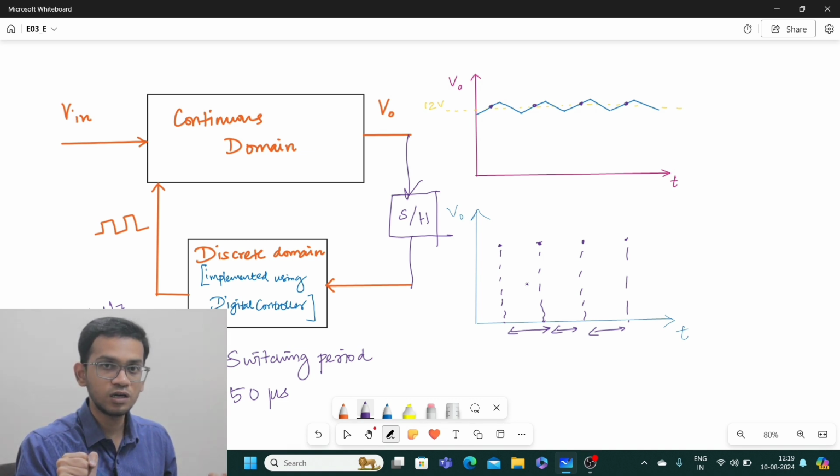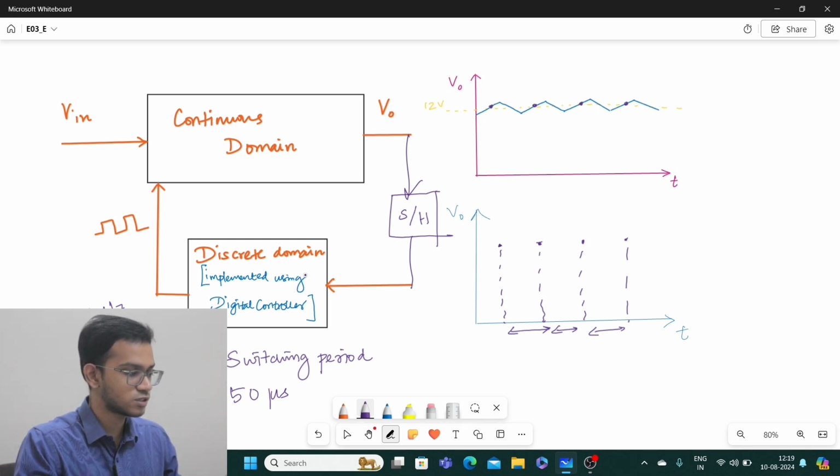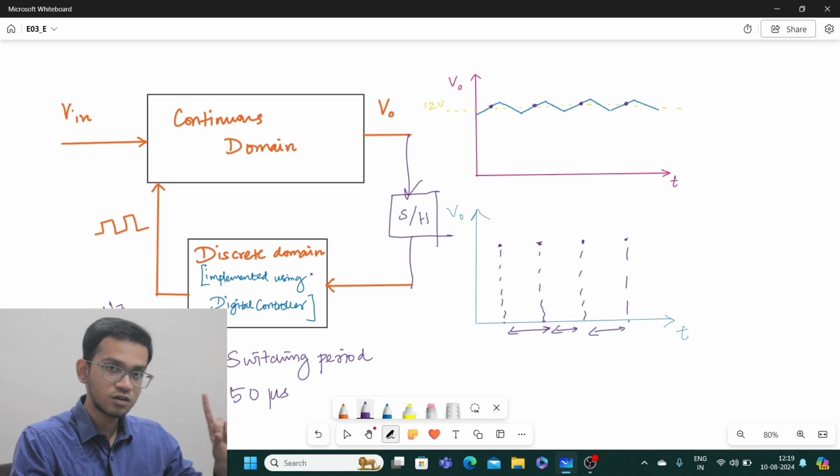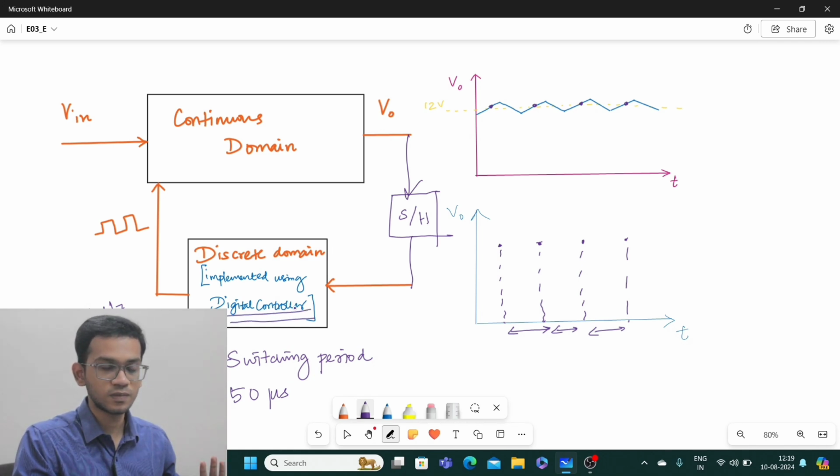However, in digital domain, you will have the flexibility to reprogram, to alter anything happening in this entire closed loop system. When I mean to say a discrete domain digital control system, I mean to say starting from the error computation till the step of producing PWM, if I'm implementing it using a digital controller, then my task becomes easy.